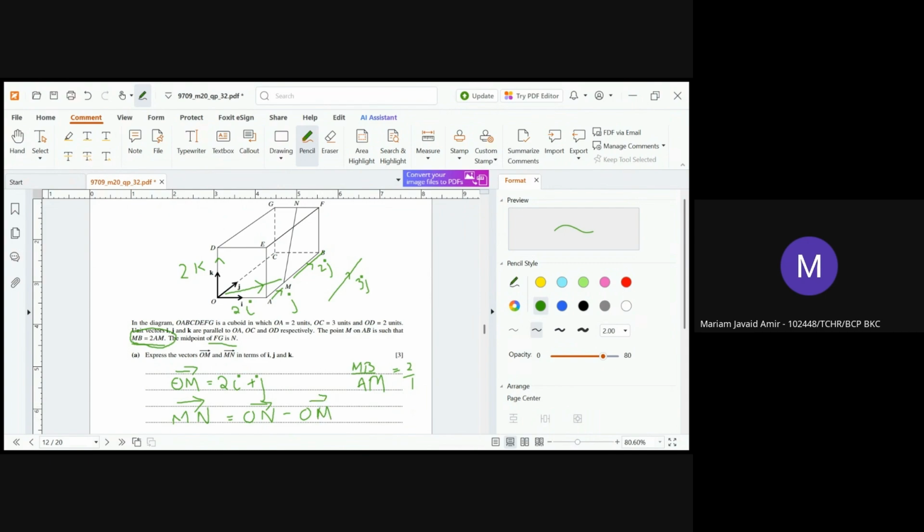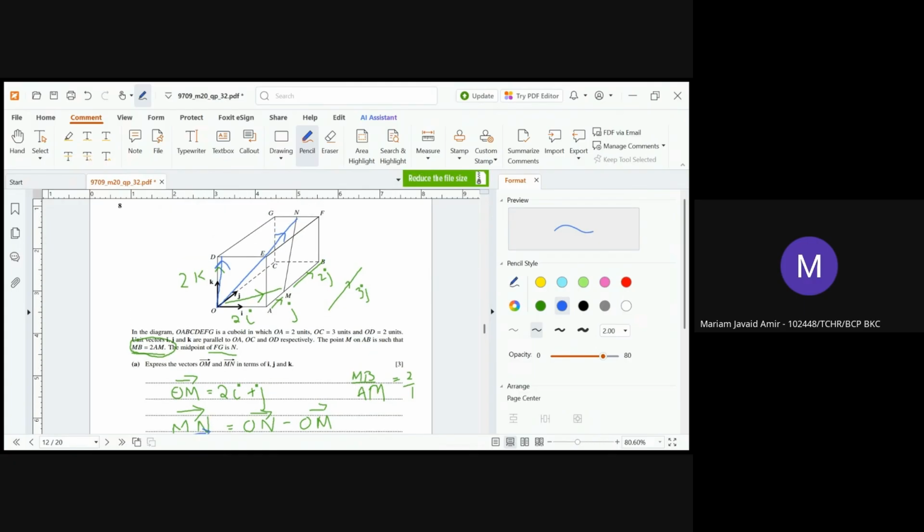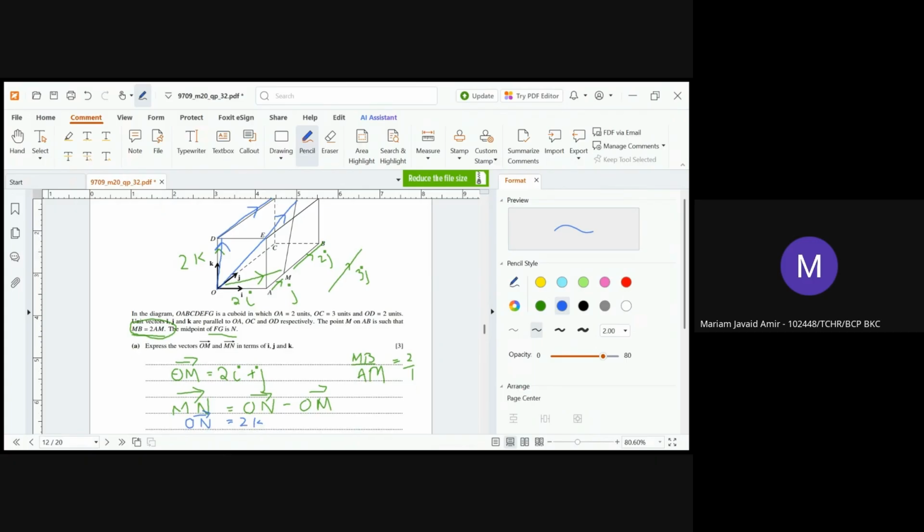MN is ON minus OM. Okay, let's go from O to N. So I'm going to go up first, 2k. So let me write that down. ON is going to be 2k. Then we can go in this direction, which is 3j. So plus 3j.